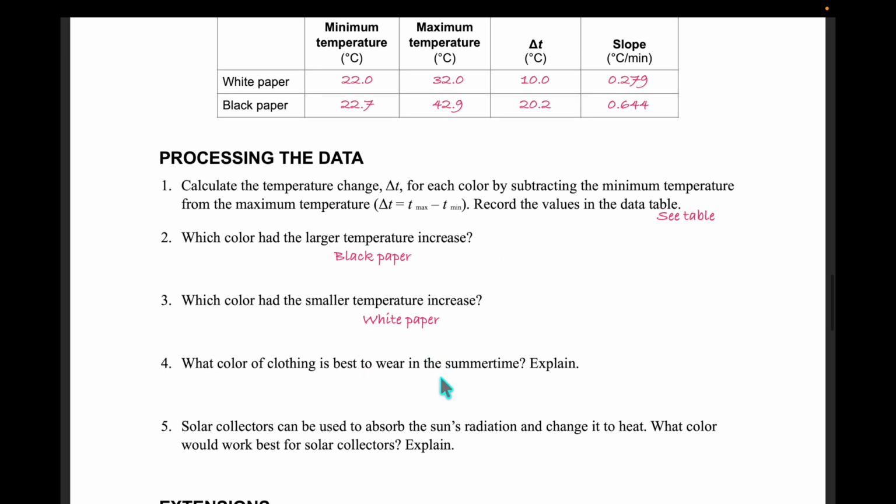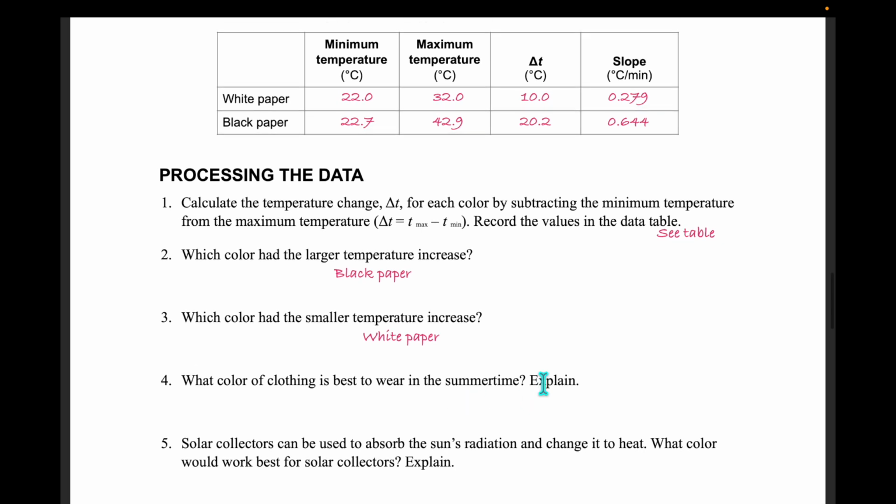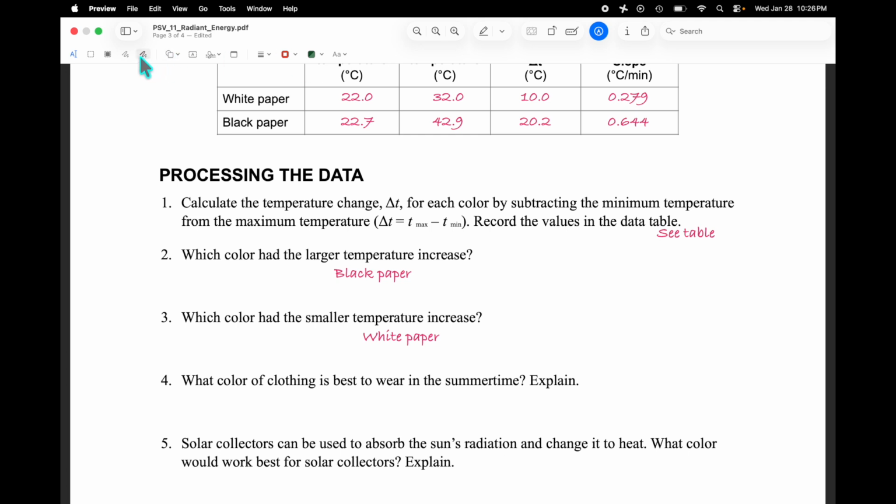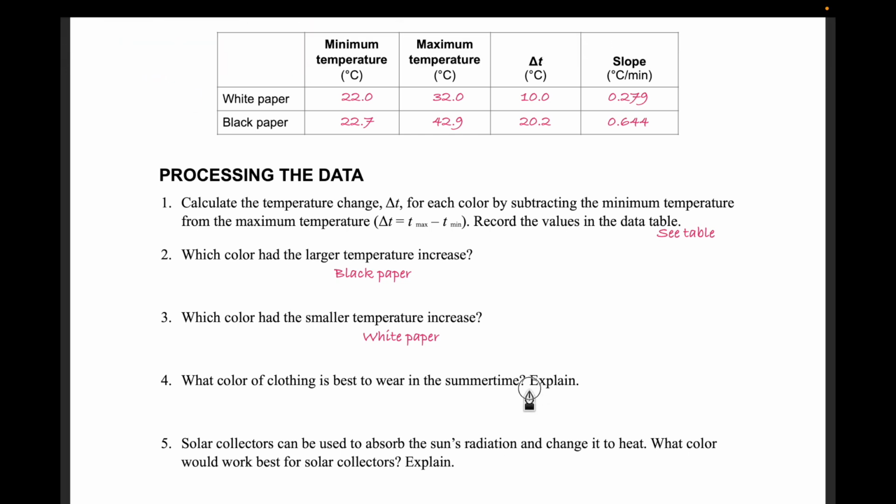So then what color clothing would be best to wear in the summertime, and explain? People always miss this explain part here. So I usually end up having to underline that when I go to grade stuff because people won't explain. So make sure you explain it, right? So you could say white or light colors.